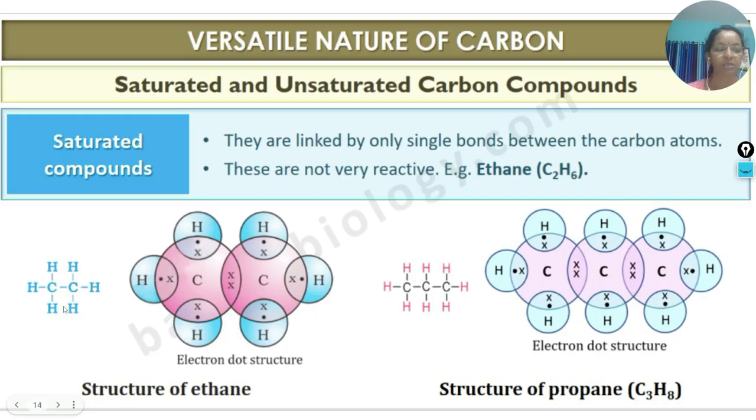It can be represented like this. So if you observe the structure, it will have only single bond between carbon. Between carbon is very important, others we are not bothered about. So if between carbon there is only single bond, we call it a saturated compound.